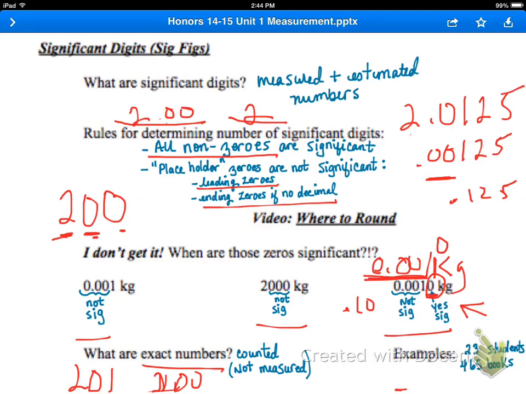Okay? It's not a measured value, it's a counted value. So, for example, 465 books, or 23 students, or 10 dozen. If I have 10 of something, it's probably something I know exactly, right? So both digits are significant.